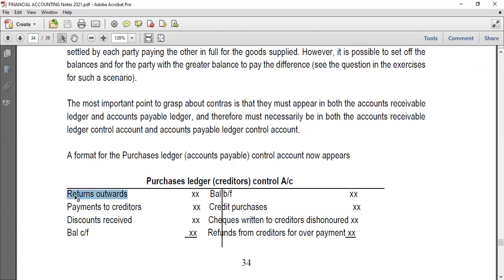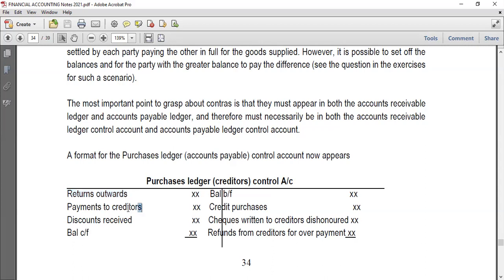Return outwards: when you send back the goods that you've bought from your suppliers, maybe because they don't conform to your specifications, or they delivered more than they should have delivered, then that should be debited. That's why we debit it: it reduces how much we should pay our suppliers, because the value of the goods returned outwards, we should not pay for them. So that is what happens.